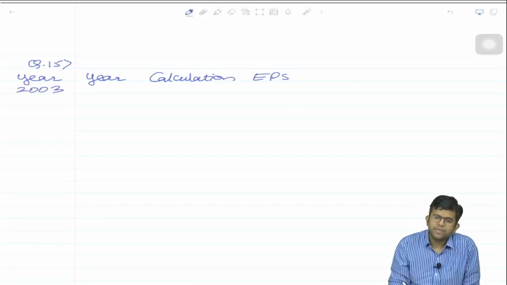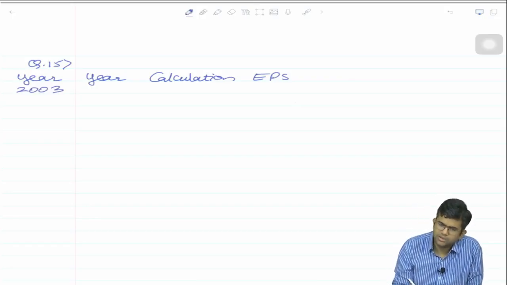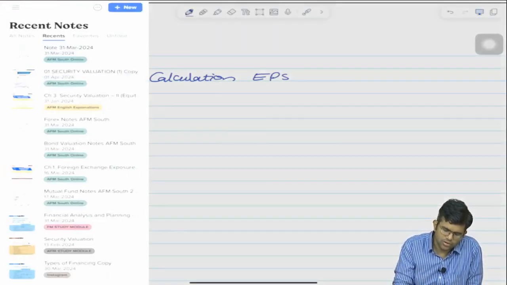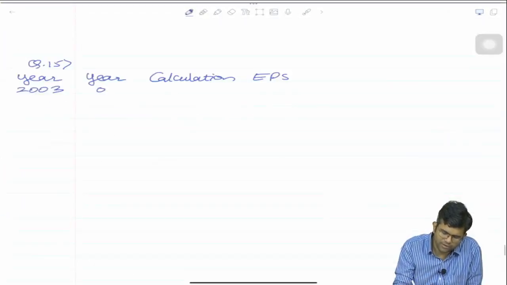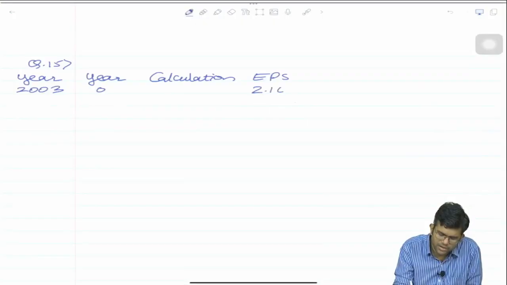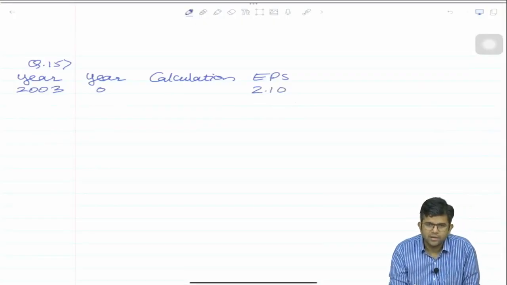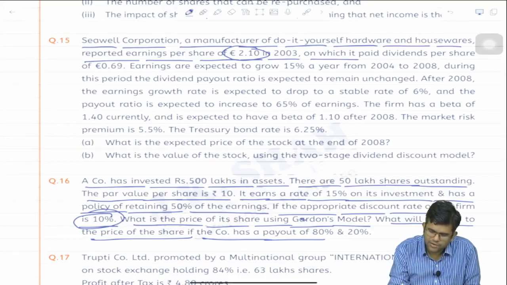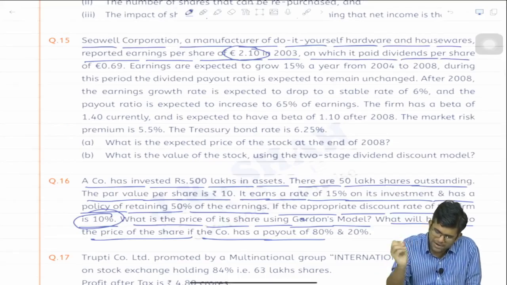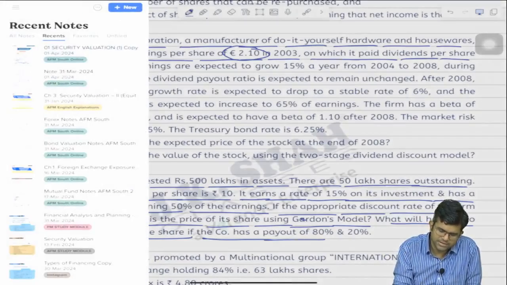See, in the year 2003, which I am considering as year 0, they already reported EPS of 2.1. It's already done, that is why I am calling it year 0. Everyone clear? Now, on which it already paid dividends of 0.69.